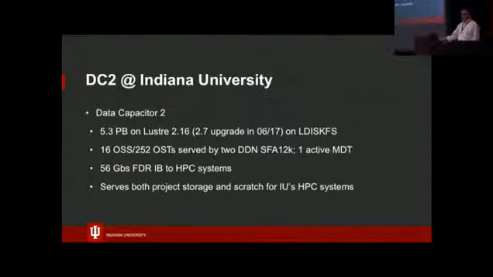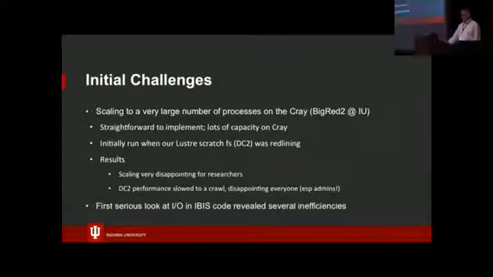It's also a very busy file system, so we have a lot of users that are particularly interested in getting their own work done. The file system is backed by 16 OSSs, 252 OSTs, and it's served by 56 gigabit IB, and it serves both as our compute scratch and our somewhat less ephemeral project storage for people that are working on projects that are going to go on for more than 60 days.